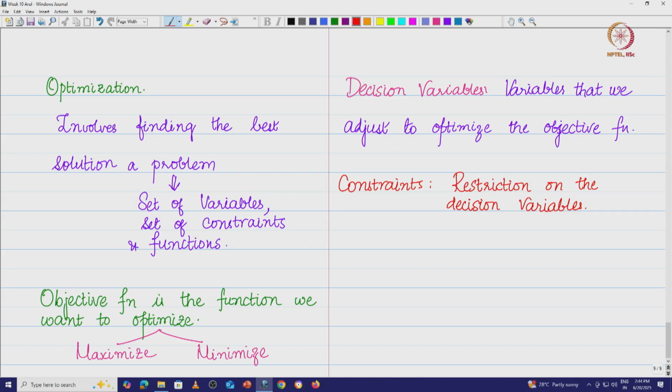Okay. So, do all optimization problems involve constraints? May or may not, right. So, let's first of all say this: optimization problems may not involve constraints.